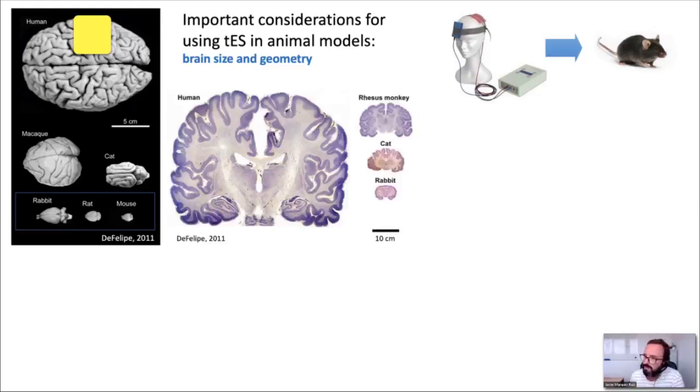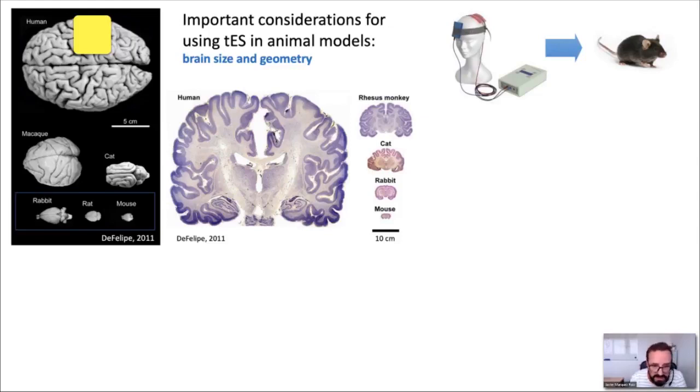So maybe one of the big problems is the brain size and the geometry. This is how the human brain looks in comparison with the mouse. You can see that we have a huge difference, not only in the size of the brain, but also in the geometry of the brain. In the case of the mouse, there is no convolution.